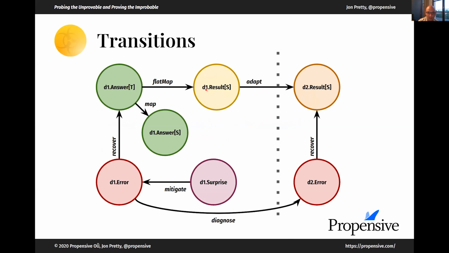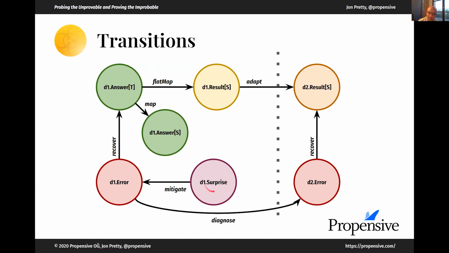So if you want to go from a D1 domain result to a D2 domain result, imagine that D1 is some sort of JSON domain, and D2 is your own application. And you want to deal with your own application exceptions within your own program. So there's a method called adapt, which will automatically convert from a JSON error to an error in your domain. And you may have multiple domains. You may just have one for the entire application. That's a choice for you.